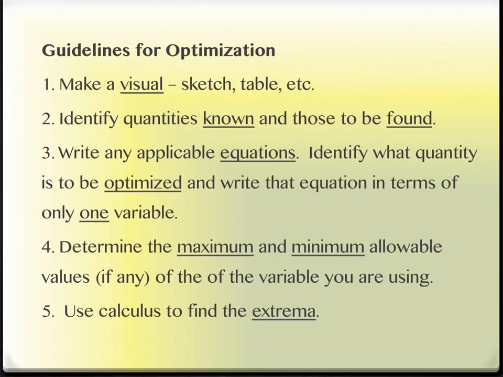Now, we've kind of been working steps 2 and 3 sort of simultaneously. We've identified what we need to find and we've created an equation at the same time. That kind of happens a lot. And Eric just a moment ago actually identified also what was to be optimized, which is the perimeter. He said we need to find the minimum perimeter. Now, the part that we haven't done is the very ending of part 3. It says write the equation in terms of one variable, right?